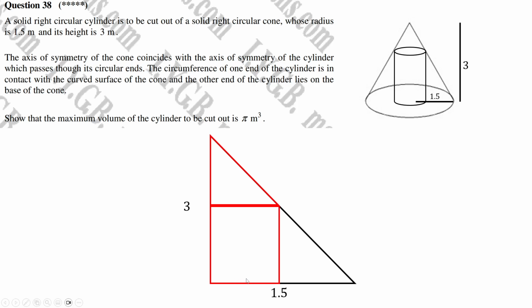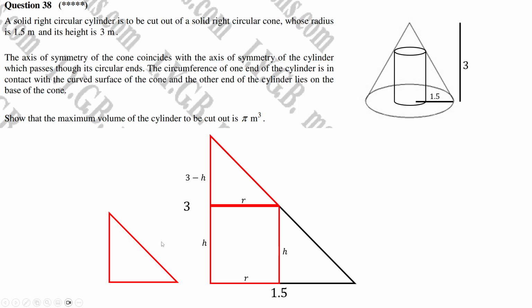And then we'll just call the radius of the cylinder r. And then we can call this height here h. This makes that r as well, and then this also becomes h. So this here must be 3 minus h, and then this is 1.5 minus r.